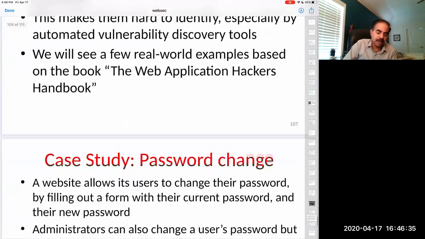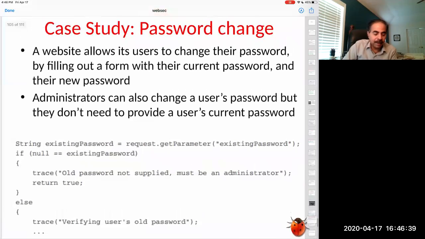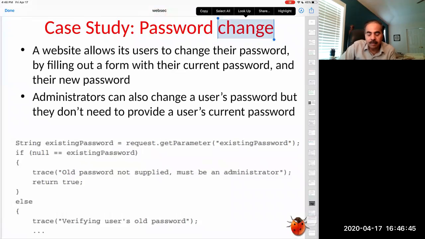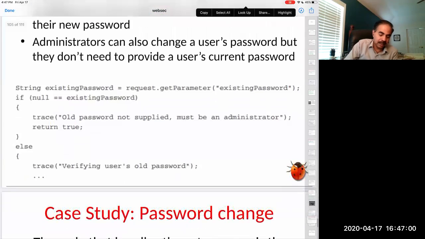I'm not going to look at them and discuss them individually, but I would like you to actually read these slides and understand the examples, because in the exams and so on, we may have examples of vulnerable programs, and those vulnerabilities may very well be of the kind that are described here, right?